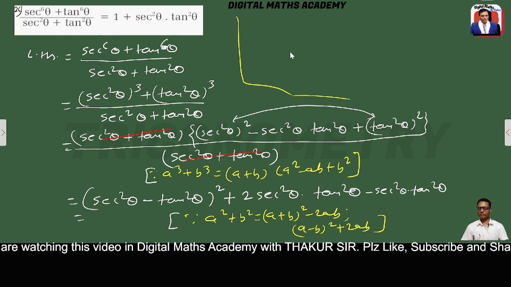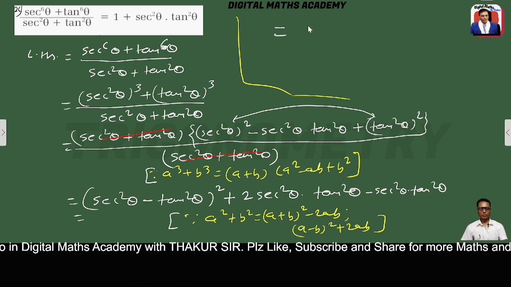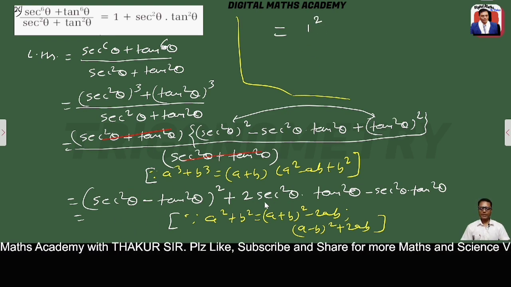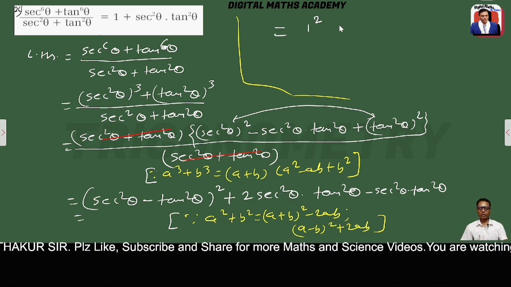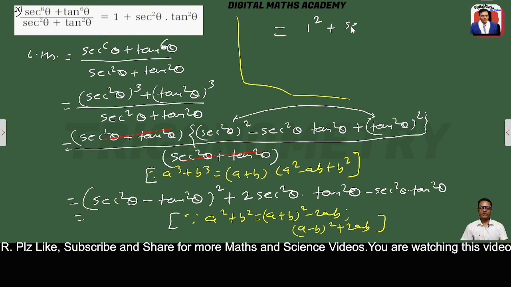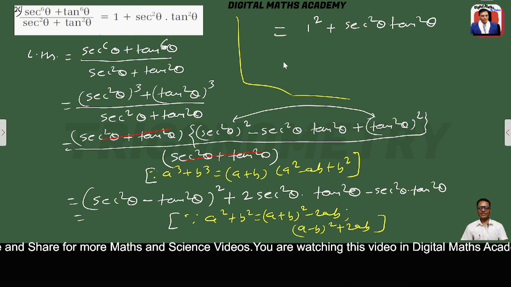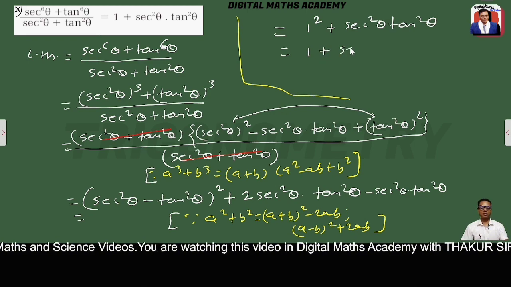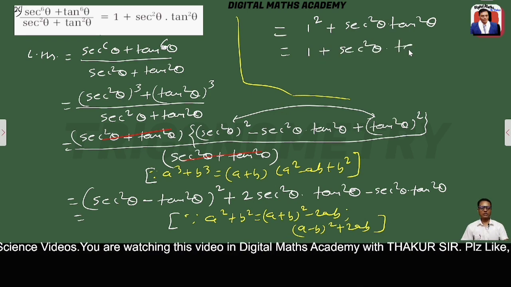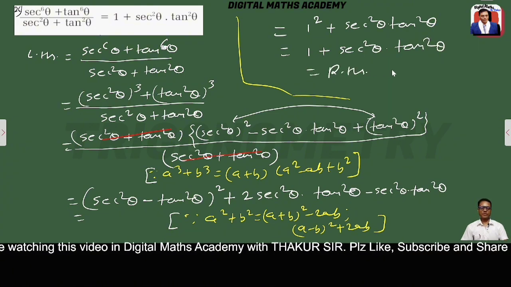Now in the remaining part, sec square theta minus tan square theta gives us 1, so 1 square, plus 2 sec square dot tan square minus sec square dot tan square equals plus sec square theta dot tan square theta, because 2x minus x is equal to x. So finally we have 1 plus sec square theta dot tan square theta, which is our right hand side, and then proved.